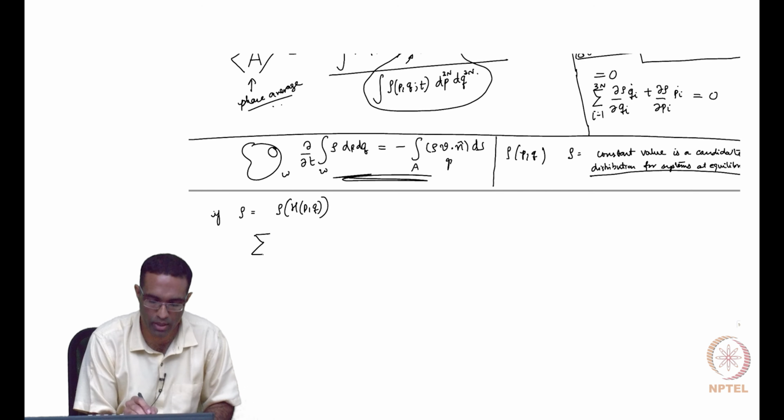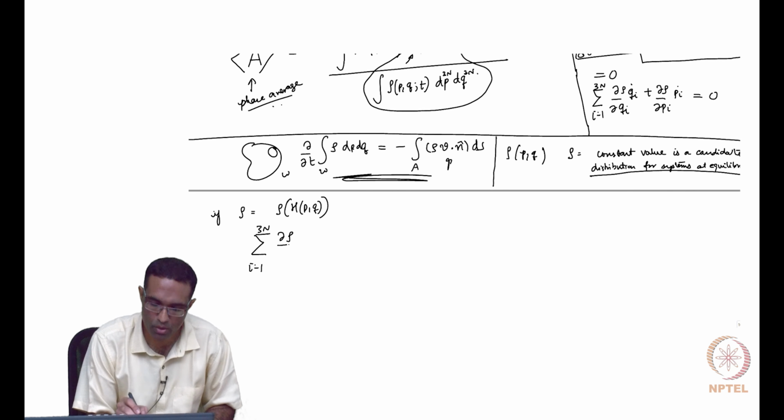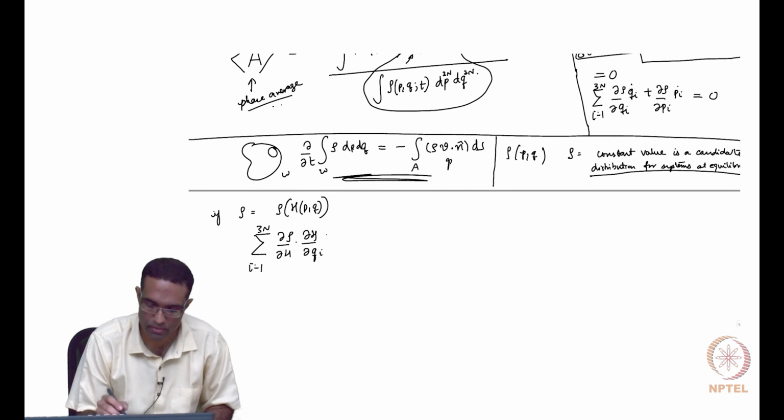For example, take the sum over i equal to 1 to 3N of dou rho by dou H multiplied by dou H by dou qi into qi dot, plus dou rho by dou H into dou H by dou pi into pi dot.